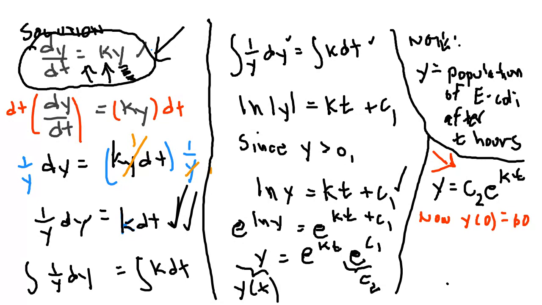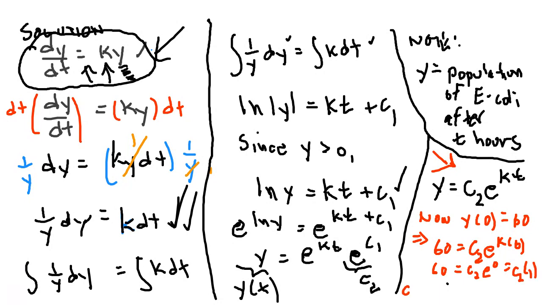So what we can do is we can take 60 and we can try to solve for one of the constants. So 60 equals c2 times e to the k times 0. So 60 then equals c2 times e to the 0, but that's just c2 times 1.